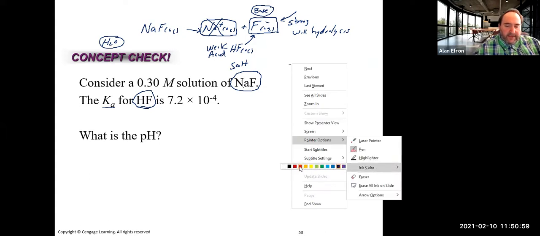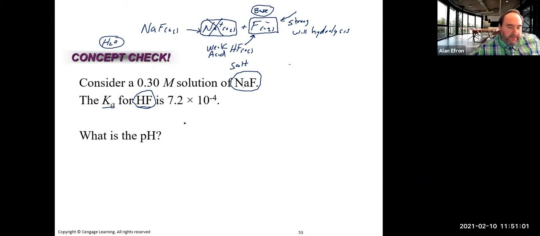Okay, so that's where we want to start. We want to start with the part of the salt that's going to react with water, and that's going to be F minus. It is going to react with water through a hydrolysis reaction. Clearly, logic also tells us F minus doesn't have an H, so it could not donate one, even if you didn't realize this whole relationship. So it is going to act as a base when it reacts with water, and it's going to accept that H plus.